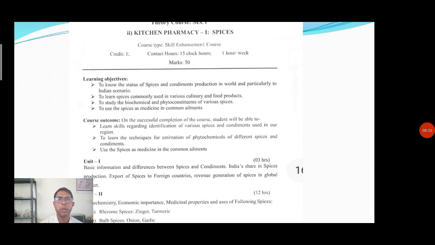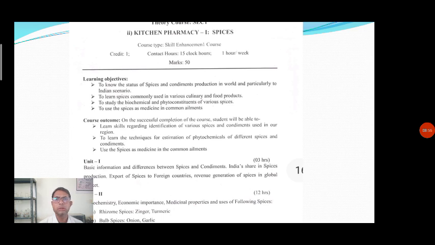Then to study the biochemical and phytoconstituents of various spices. And the most important thing is to use spices as medicine for common elements. So this is the objective of the kitchen pharmacy 1 paper.